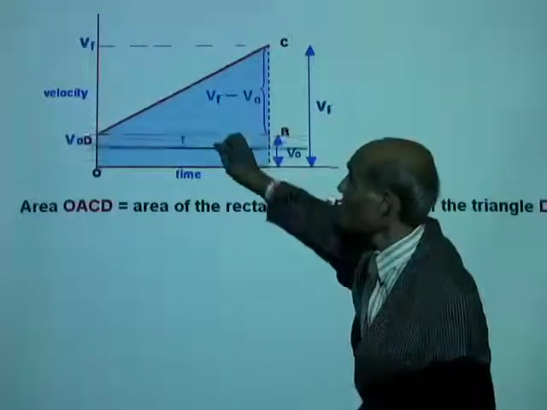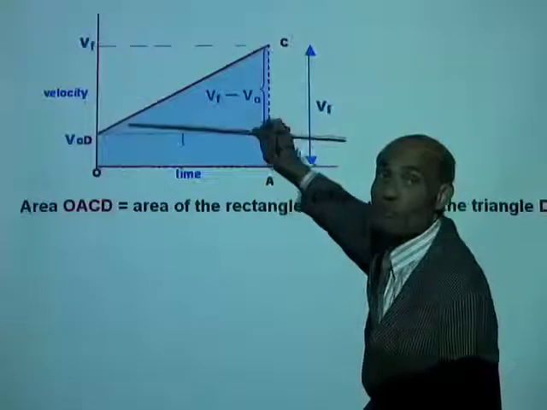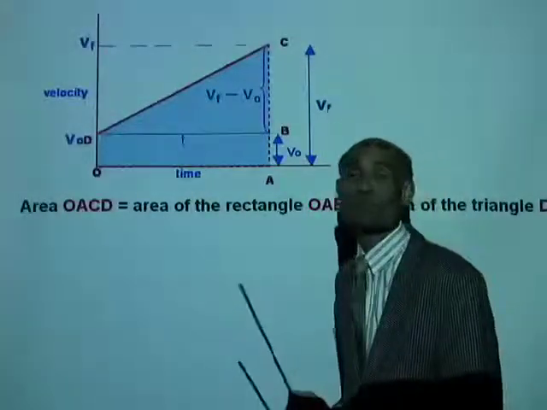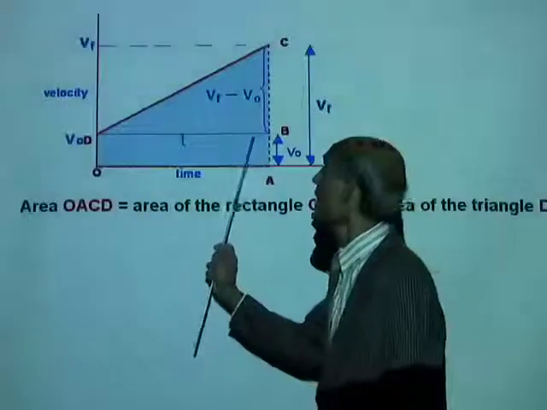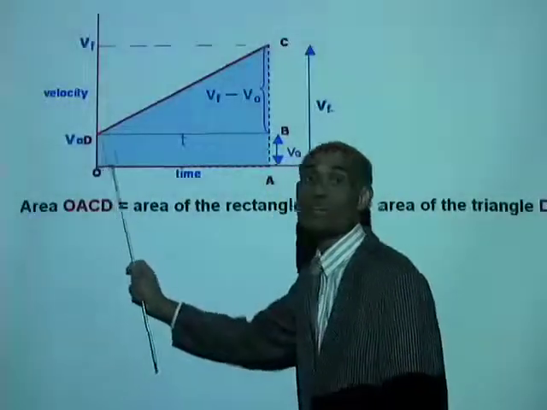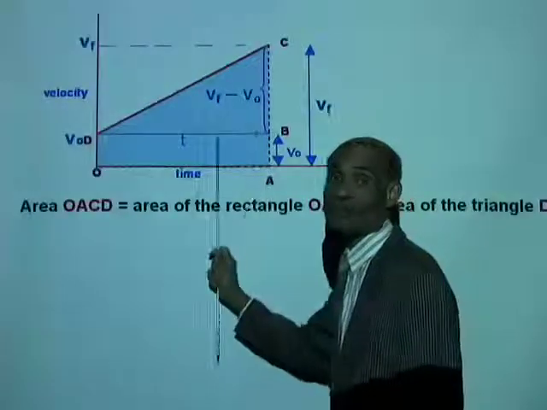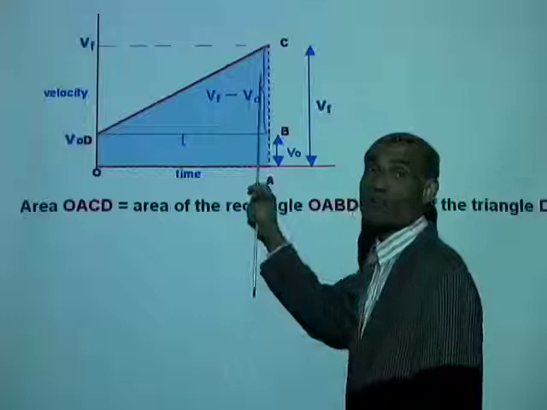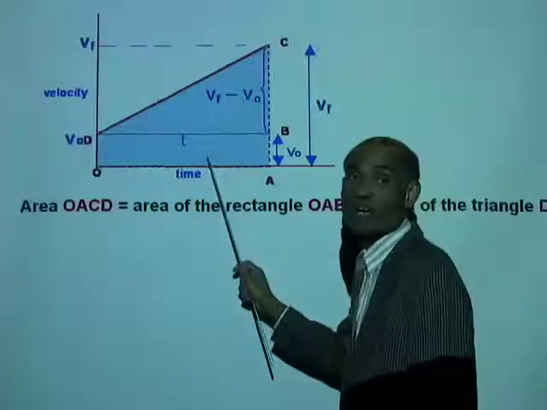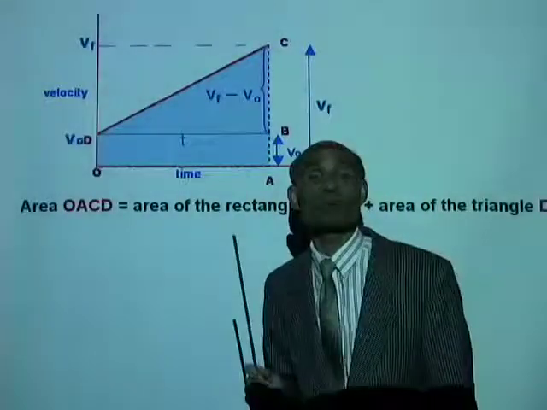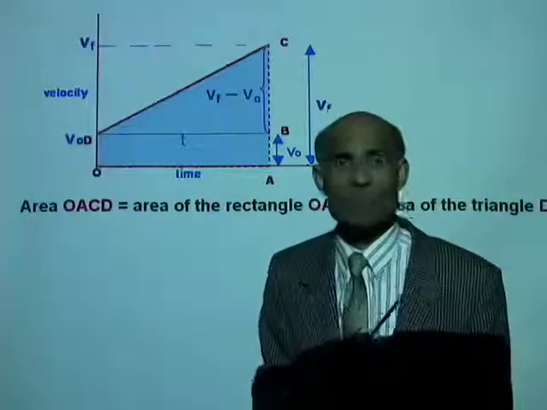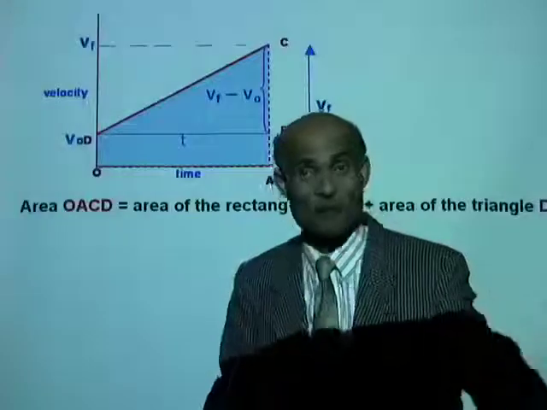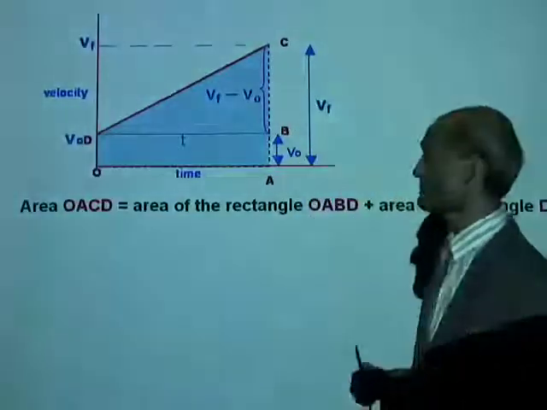It is made up of this rectangle and this triangle. So in order to obtain the total area, I need only write down the equation for the area of the rectangle and then the equation for the area of this triangle. Add them together, I get the total area. And what does the total area represent? It represents the displacement of the object or the particle.